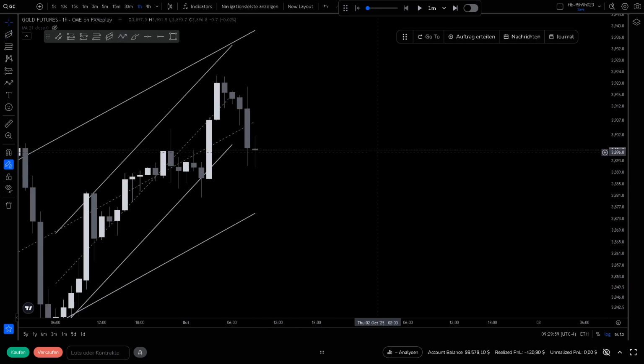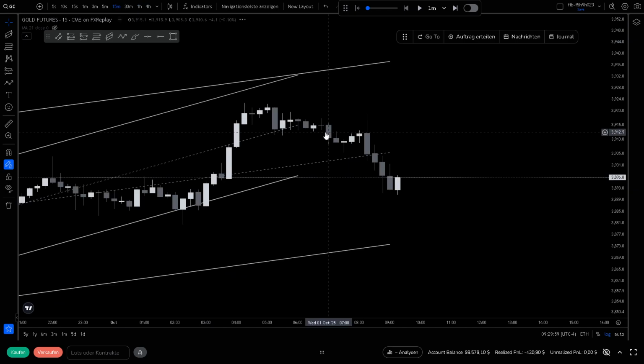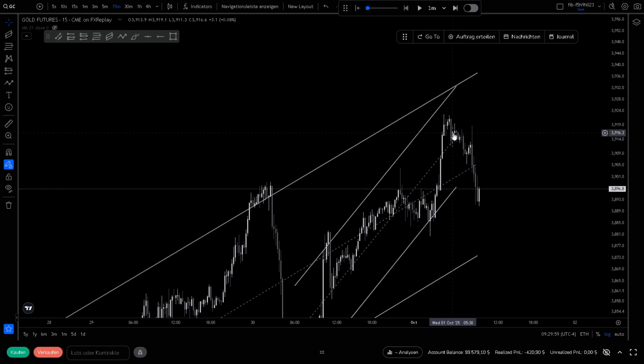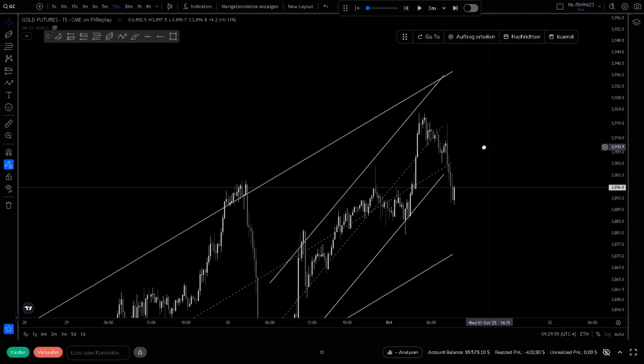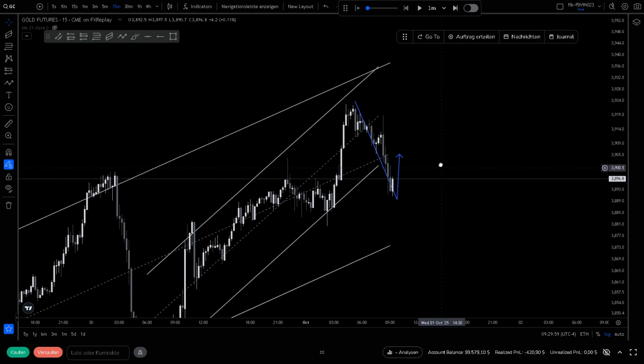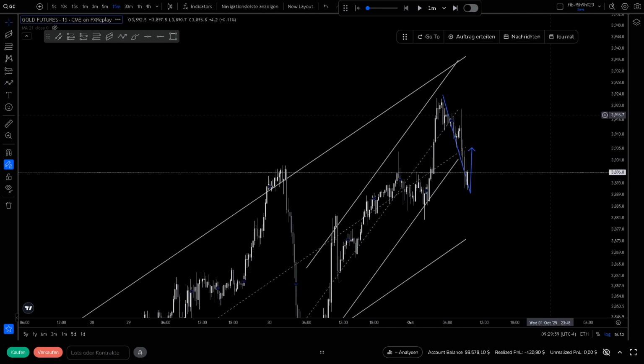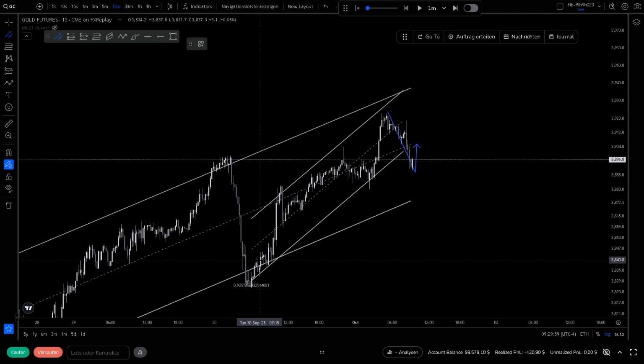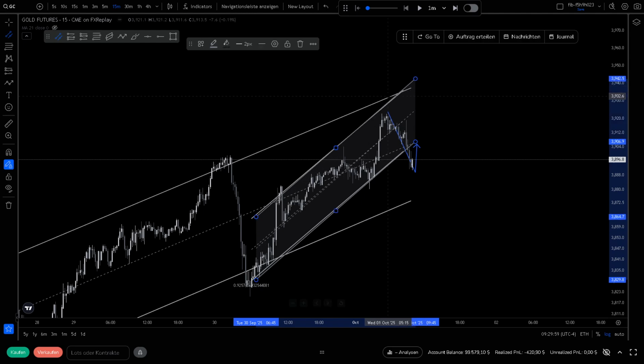Seems like we broke that. And it seems like we could be bearish for some time now, but what I believe is we will have in any way a retracement. Let's see if that is actually true or not true, but let's confirm that.